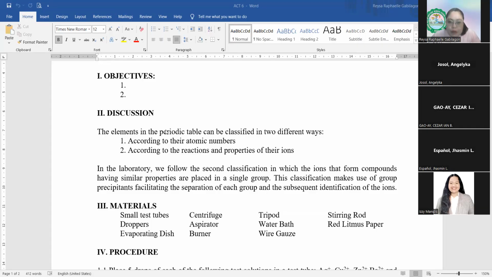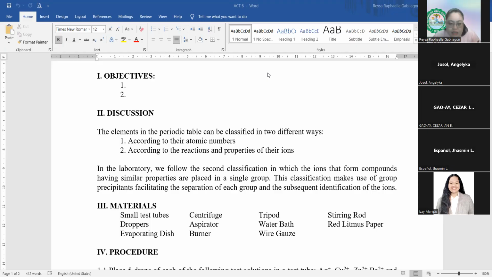However, in the laboratory, we are going to use the classification of the elements according to their reactions and properties of the ions. We are going to follow the second classification in which ions are grouped together according to their reactions to specific reagents and at the same time their properties as ions.